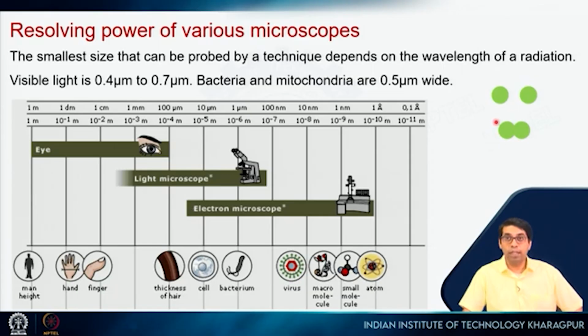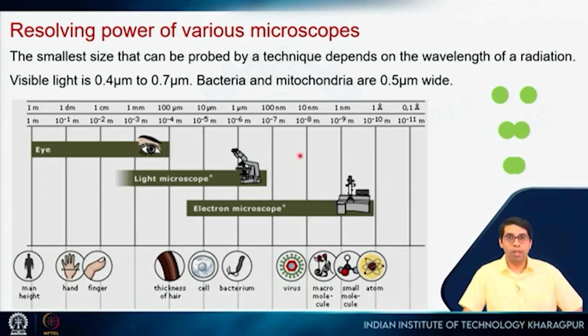So, this will be at the limit of resolving power, means that we can still tell that these two are two separate entities, but if they are closer, then we cannot tell them apart. So, this will be the resolving power. The distance between these two will be the resolving power of that particular technique, and that resolving power depends on the particular technique. And it turns out that the smallest size that can be probed by a technique depends on the wavelength of the radiation.